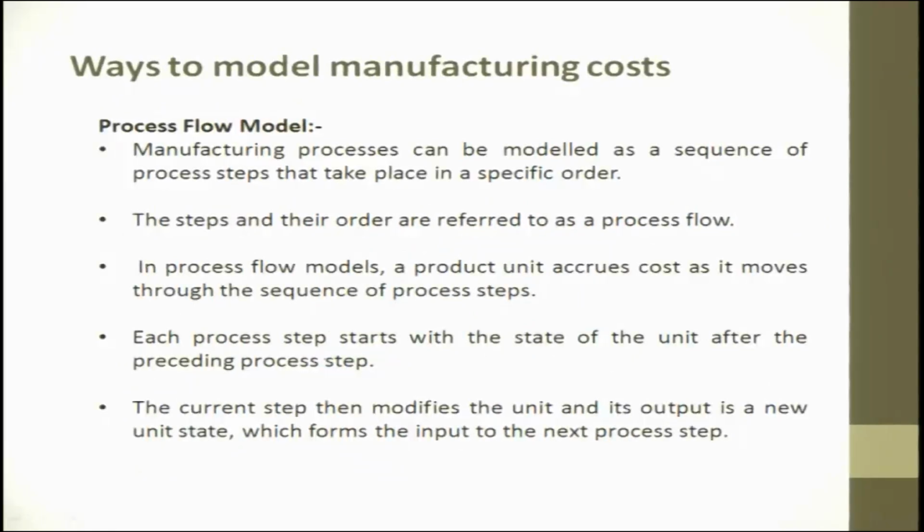What is a process flow model? So, a process flow model is a manufacturing process that can be modeled as a sequence of process steps that takes place in a specific order. For example, as soon as you get into your house, you remove your shoes and then you wash your legs and hands and face.